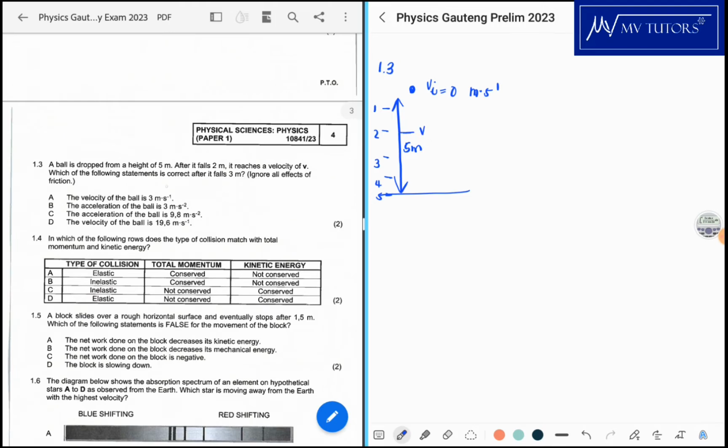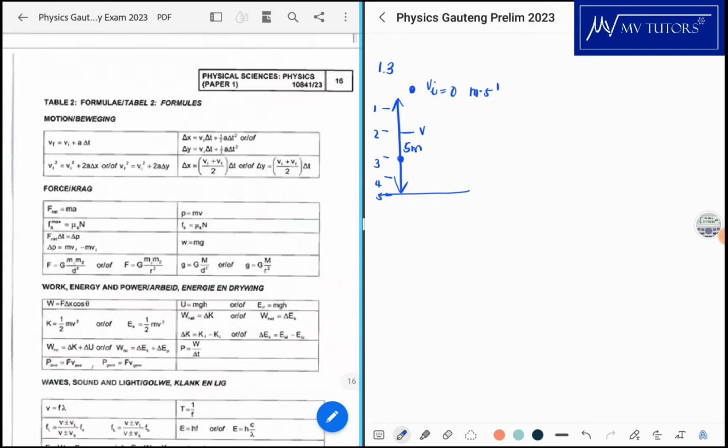Now, which of the following statements is correct? After it falls 3 meters, at this point here, what is happening? The velocity of the ball is 3 meters per second. We have insufficient information to actually calculate the velocity at this point. Because all we know is that it was dropped, so we have the initial velocity, we have the height. Okay, actually, let's see.